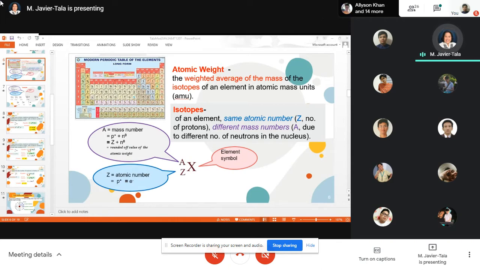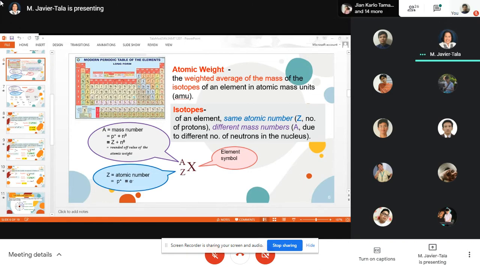So there is a convention when you write your elements indicating the atomic number and the mass number. Here, your X will be the element symbol. Then your A will be your mass number. The mass number is the rounded off atomic weight.